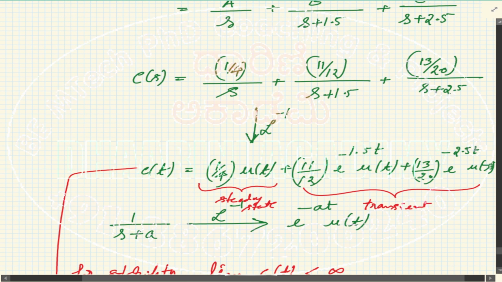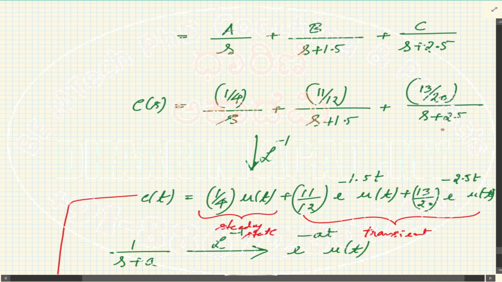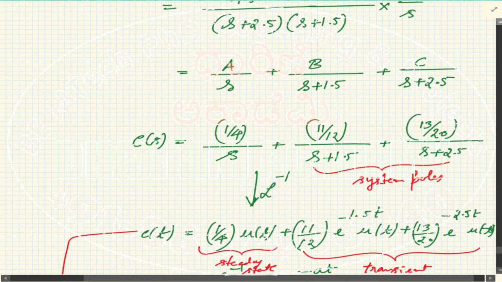Let me look at the poles of the system, because transients arise because of the system poles. Look at the position of the system poles in this given equation.